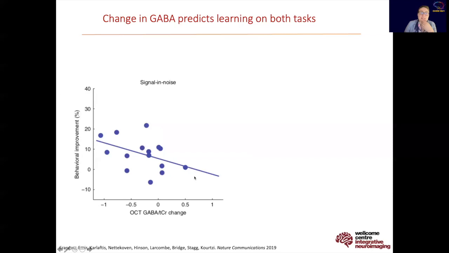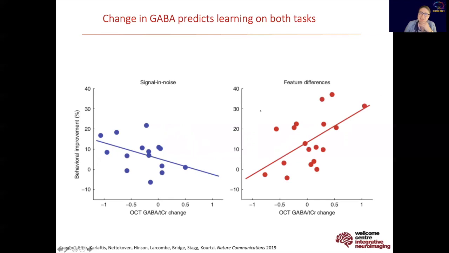So we can look and say, not only is there a group difference, but there is a relationship in the signal and noise task between the amount each subject decreases their GABA in that key region and how much they learn.